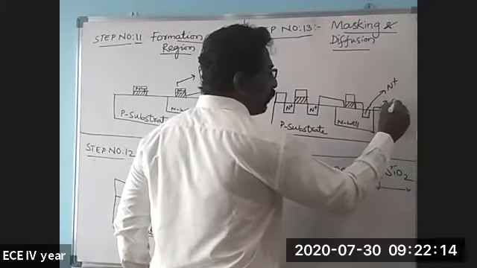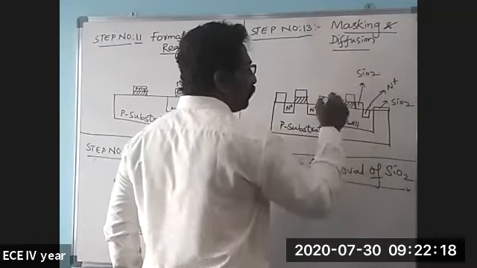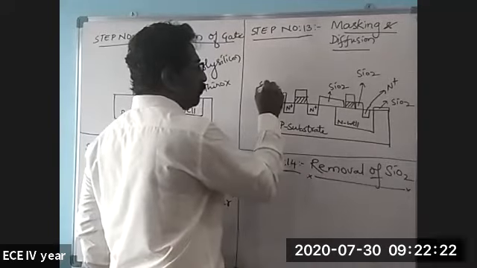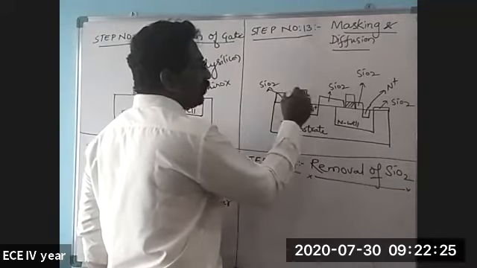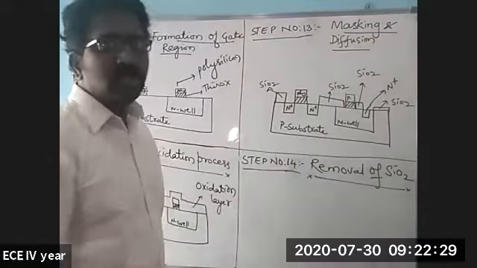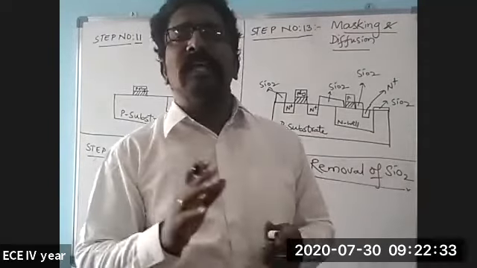So this is your SiO2 oxide. This is your SiO2, and this is your poly. P indicates poly. Now see, first we removed the SiO2 wherever I want to create these N plus regions.